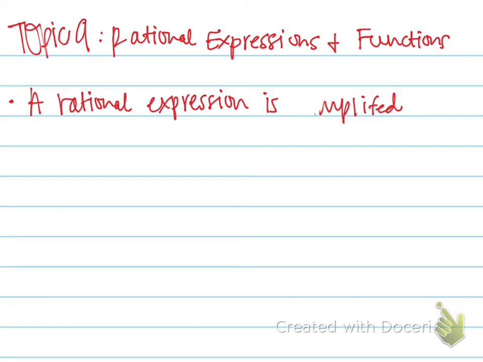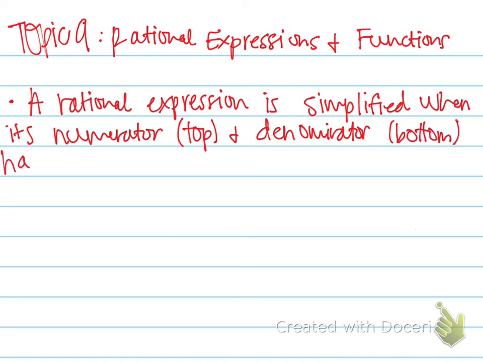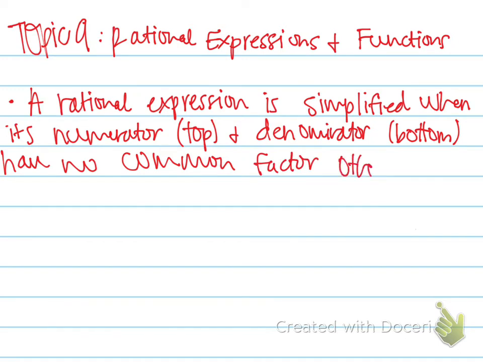That's not how you spell simplified. Simplified when its numerator, and we know that the numerator is the top, and the denominator, which is the bottom, have no common factor other than 1.